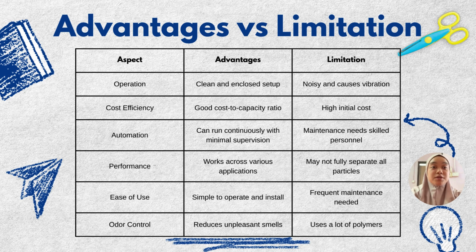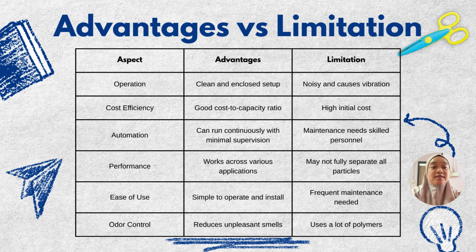Third, automation. Most modern centrifuges support automation and continuous operation. This means they can run for long hours with minimal supervision, saving time and labor. Still, if a technical problem occurs, it usually requires skilled technicians to carry out maintenance or repairs. Fourth, performance. Centrifuges are highly effective in separating solids from liquids and are used widely in biology, chemistry, and waste management.